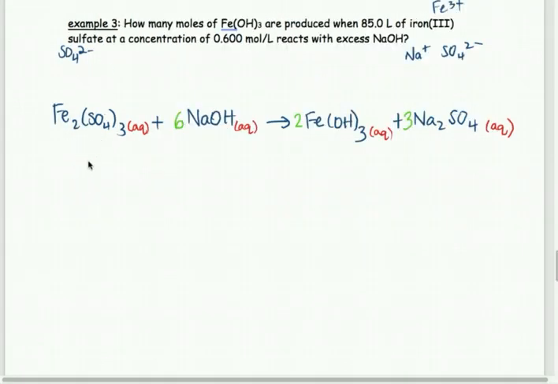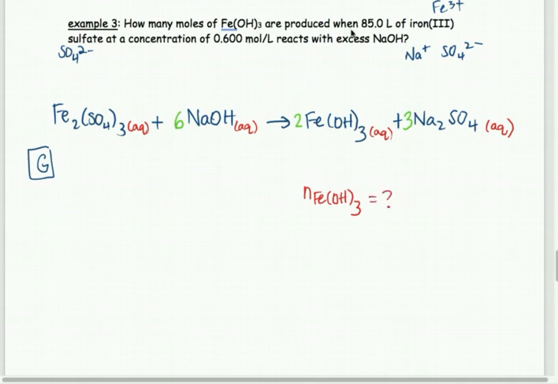Okay, so now that we have our balanced chemical equation, let's write down what's given to us here. So let's see here, we need to find the moles of, so I can even write that down. We need to find the amount of iron 3 hydroxide. Okay, so that's different from the other ones.